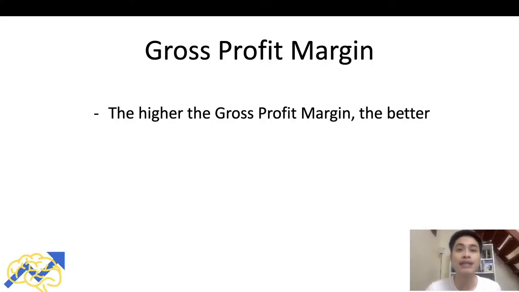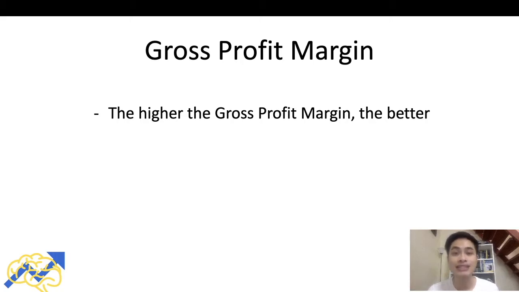Why do some companies have a higher gross profit margin compared to other companies? One reason may be that the companies with a higher gross profit margin have automated their business processes, which means that they have lower labor costs than their competitors. Since labor cost is one component of cost of goods sold, the higher the labor cost, the higher the cost of goods sold and the lower the gross profit and gross profit margin the company has.